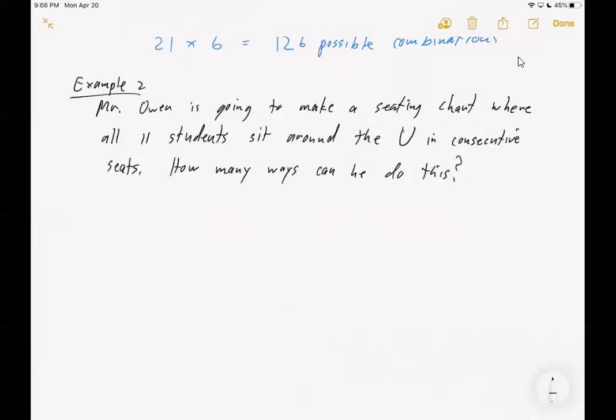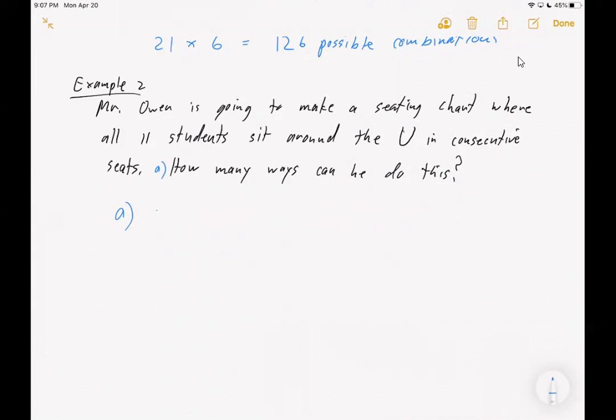Okay, so when you look at this, the order definitely matters, all right? So we have 11 students in the class. The order definitely matters, so it's a permutation. So to answer this, I'm going to call this part A, because we're going to put some restrictions on this. Part A, how many ways can he do this?